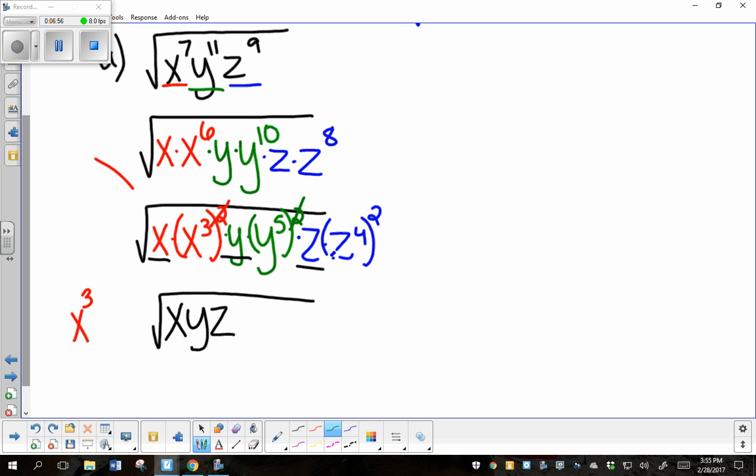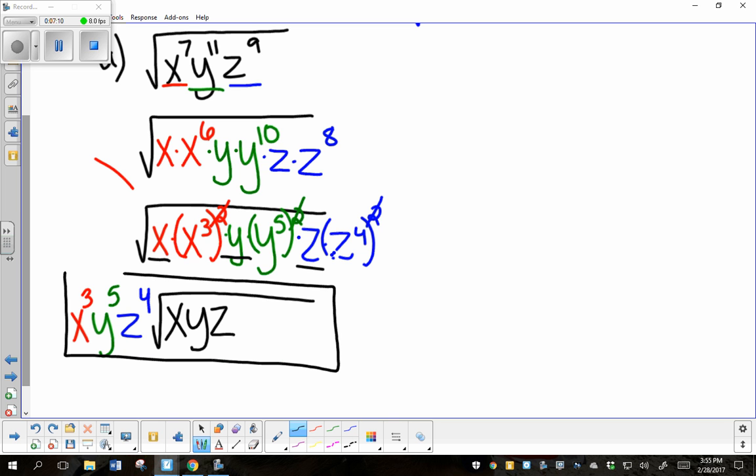Y to the 5th gets to come out. And then the z to the 4th gets to come out. So this is my answer here. I didn't have to write that square root symbol quite so long. All right, so I think that's maybe the best way to do it.